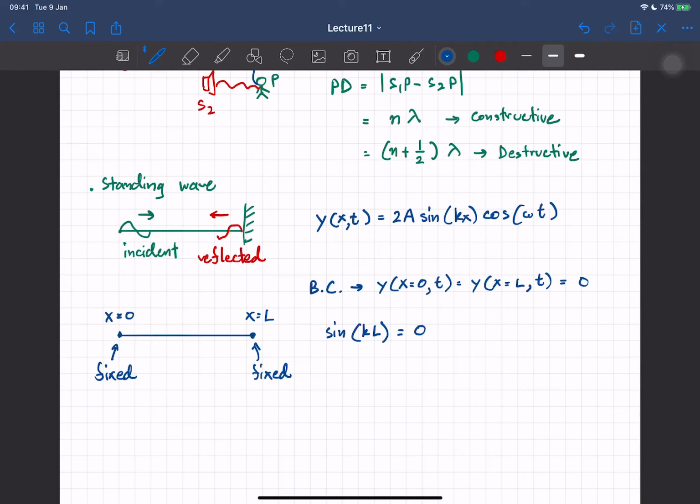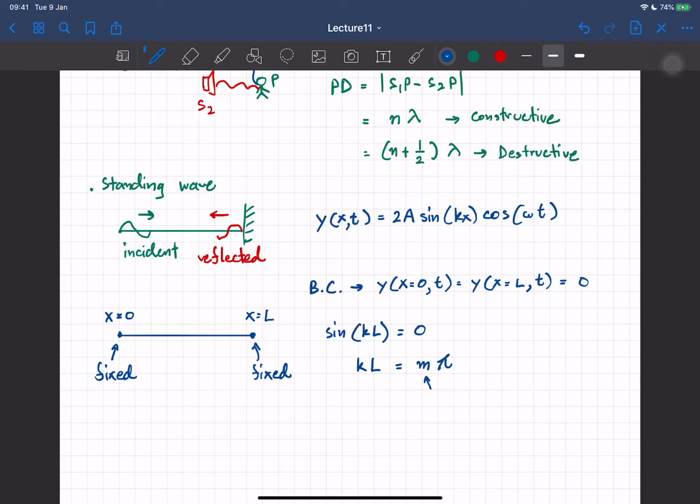This means that KL must be equal to an integer times pi. That's the condition for zeros of the sine function. So sine of 0 degrees, 180 degrees, 360 degrees, 540 degrees, right? Any multiple of pi is going to give you sine equal to 0.